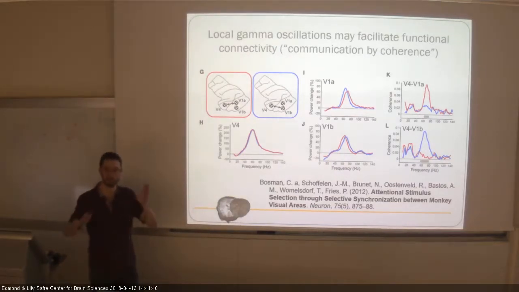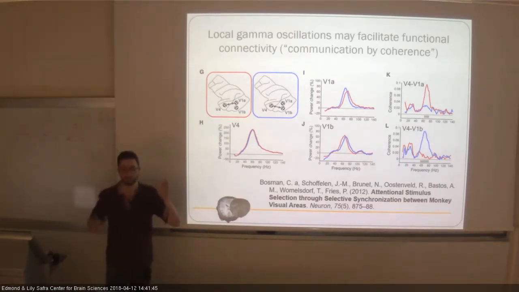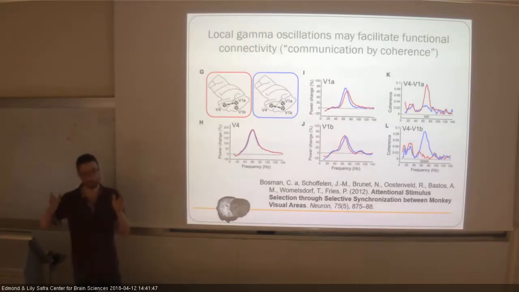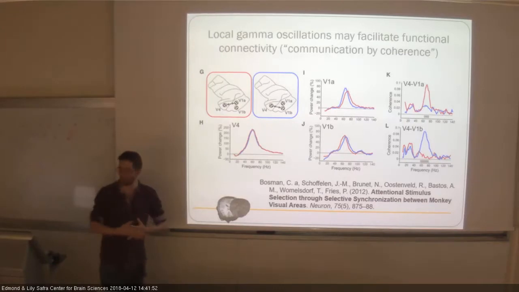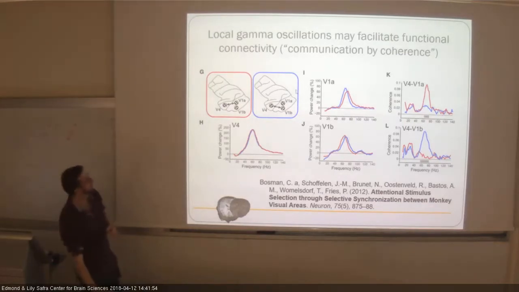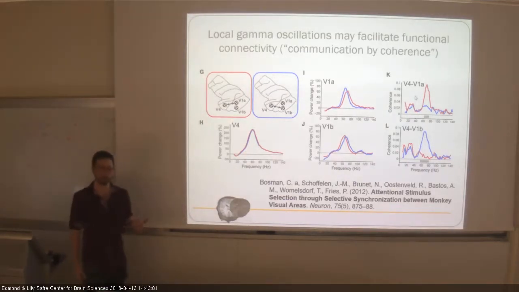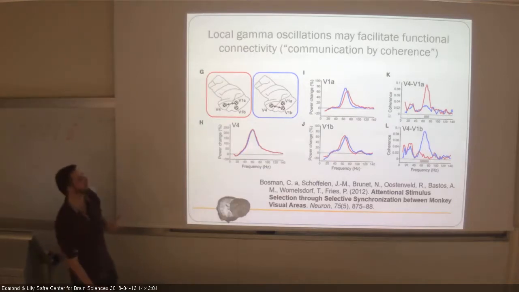So whenever the phase of one signal is around the peak of the cycle, then the other signal will also be at the peak, etc., or otherwise there's no statistical relation. So the finding was that the V1 area that is attended, corresponding to the stimulus that is attended, has a higher phase coherence with a V4 area around this gamma frequency band, around 70 hertz.